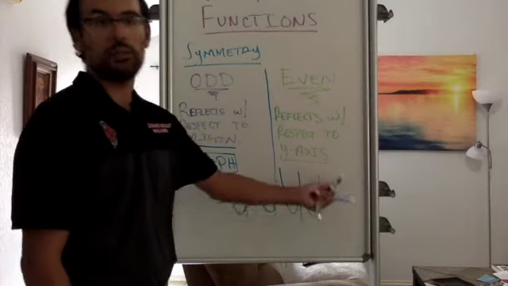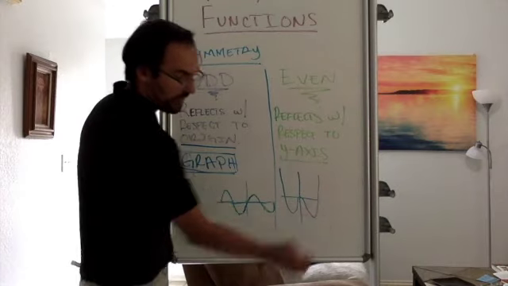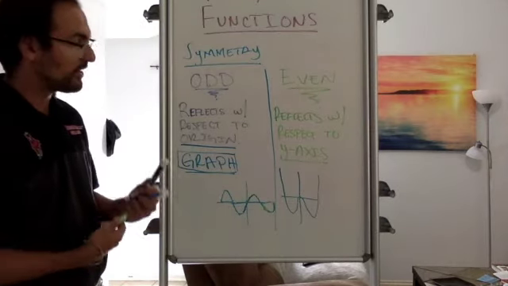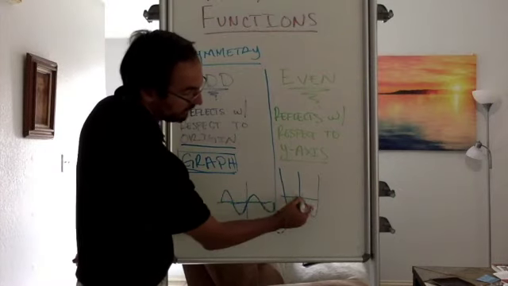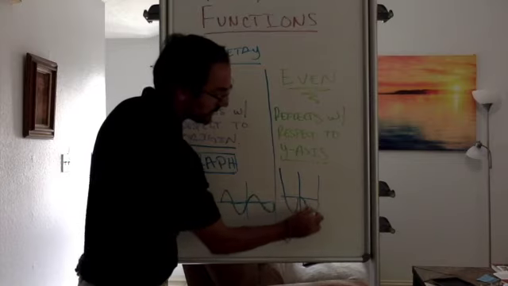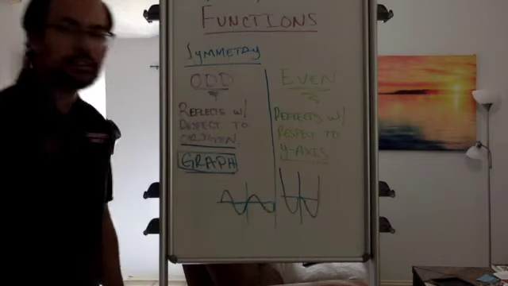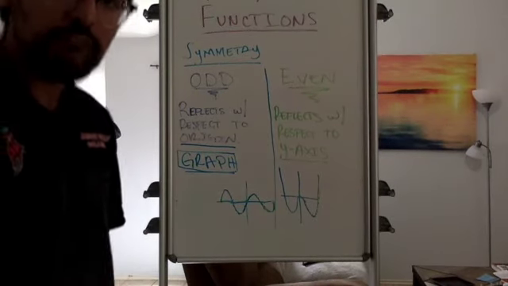So I have this W-looking thing here. You can probably already see if I look at the left side and compare it to the right side of the y-axis, it looks like the same thing. But if I take this and reflect it with my tracing method across the y-axis as best I can, it's going to give me the same graph that's already there. So that's how I know it is an even function.